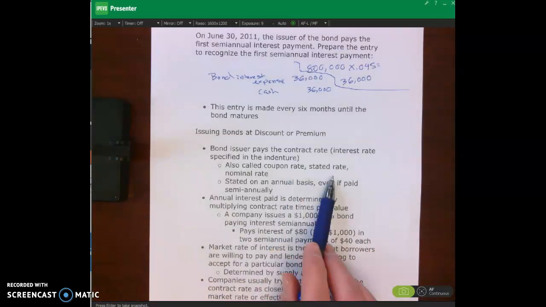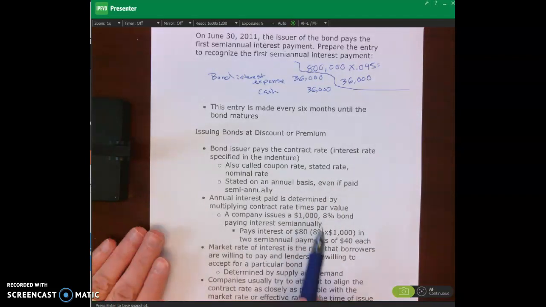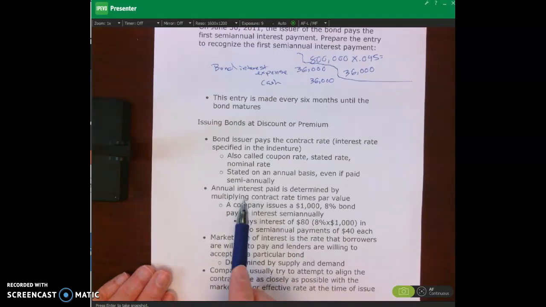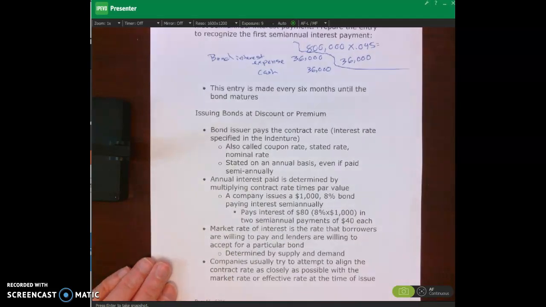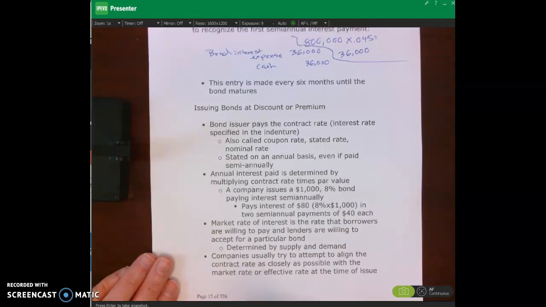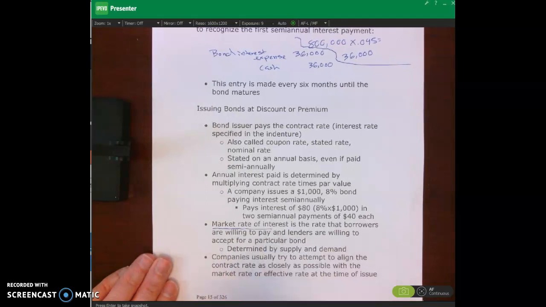A contract rate is also called the stated rate, coupon rate, or nominal rate. That's stated on an annual basis, even if it's paid semi-annually. And as I was saying earlier, contract rate times par value is the amount of interest that we have to pay. That contract rate, though, is different than the market rate.